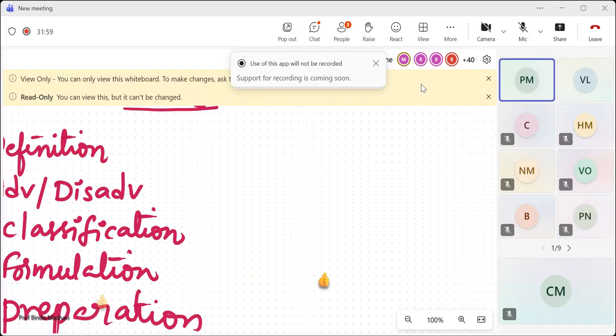Okay. So let us look into the classification of the tablets.